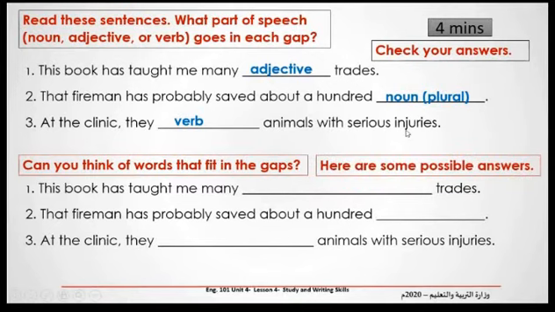Now, let's check the possible words. Remember, there might be more than one word which can fit the gap. So number one, this book has taught me many useful, important, new things.